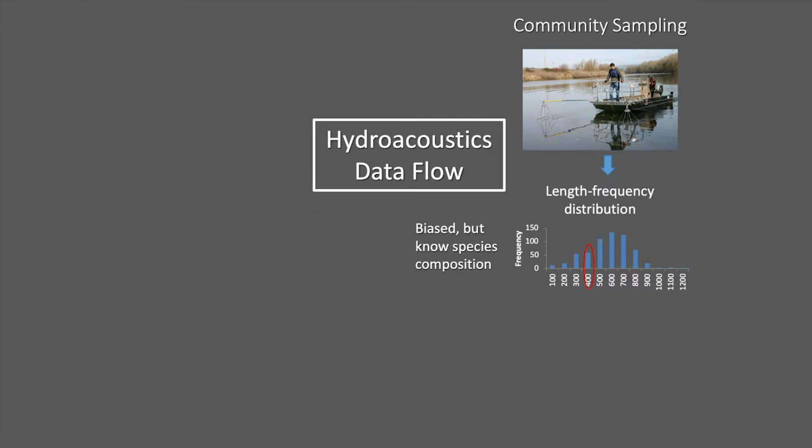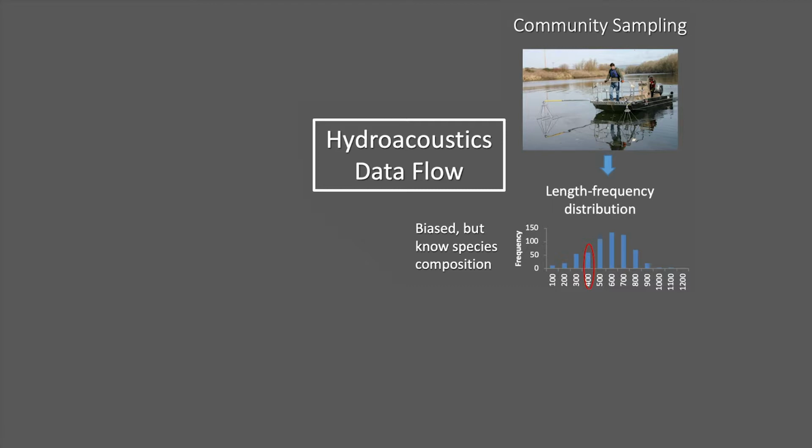From that, we have a length frequency of all that data that we collected. So that means frequency of fish at different size categories, right? And from that data, I think most of us can agree, every gear is biased, particularly in terms of size. But we do know the species composition of that.